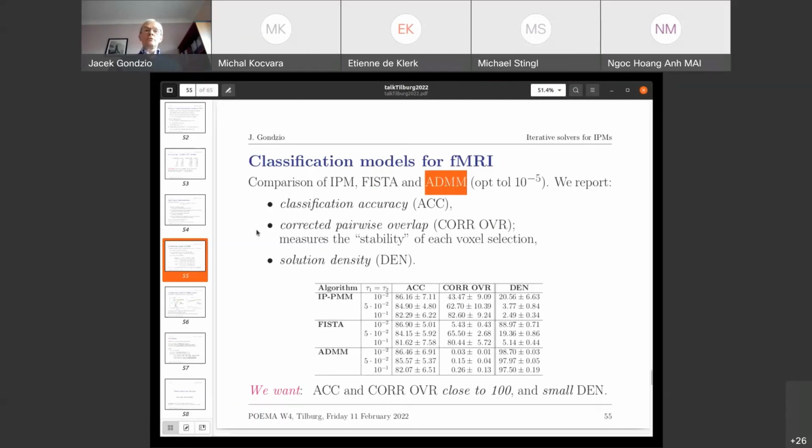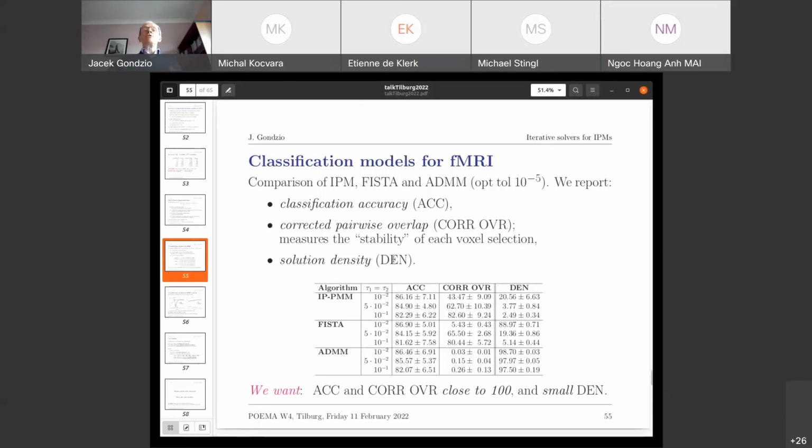We will report 3 criteria. This is the classification accuracy. This is the corrected pairwise overlap, which measures the stability of every voxel selection, and the density. The density is the opposite to sparsity.